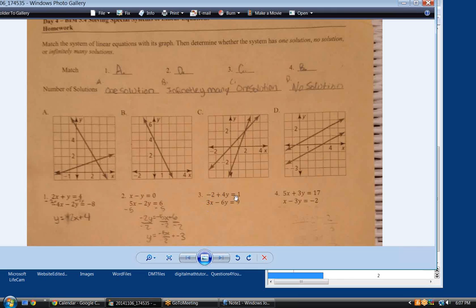So both of these have a slope of 1/2 if we presume she meant to put an x there, and clearly she did. So that has to be D. And that, we can tell, has no solution because they don't ever cross. And now that leaves this one.